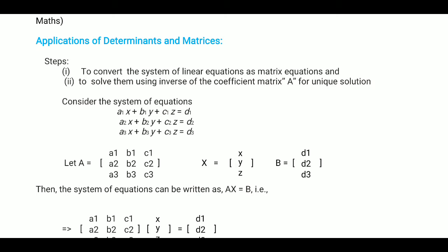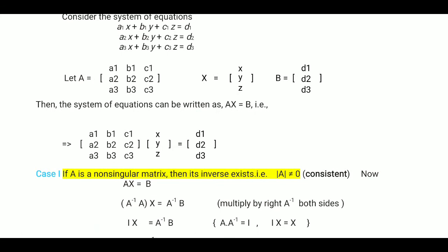Now first make the coefficient matrix A, containing the coefficients of the variables a1, a2, a3, b1, b2, b3, c1, c2, c3, and capital X will be the unknown matrix having unknowns x, y, z. This will be a column matrix. And another matrix B will be the constant matrix, which is the result of the equations d1, d2, d3. This will also be a column matrix.